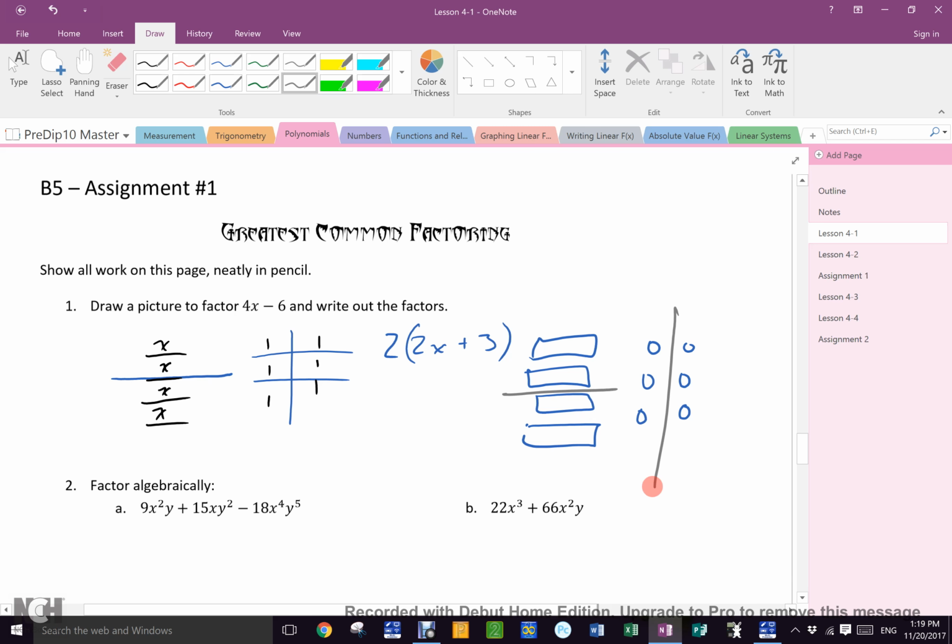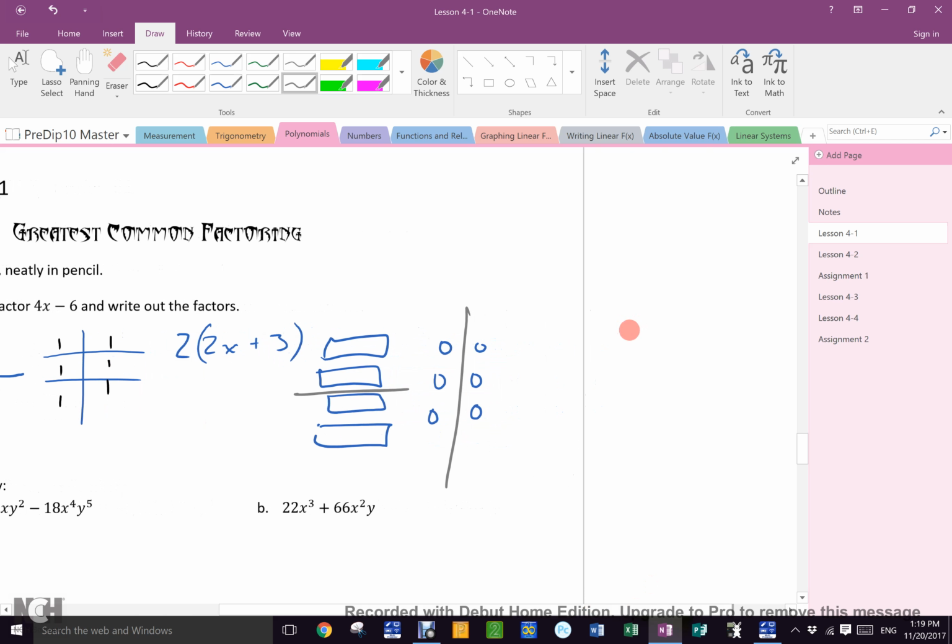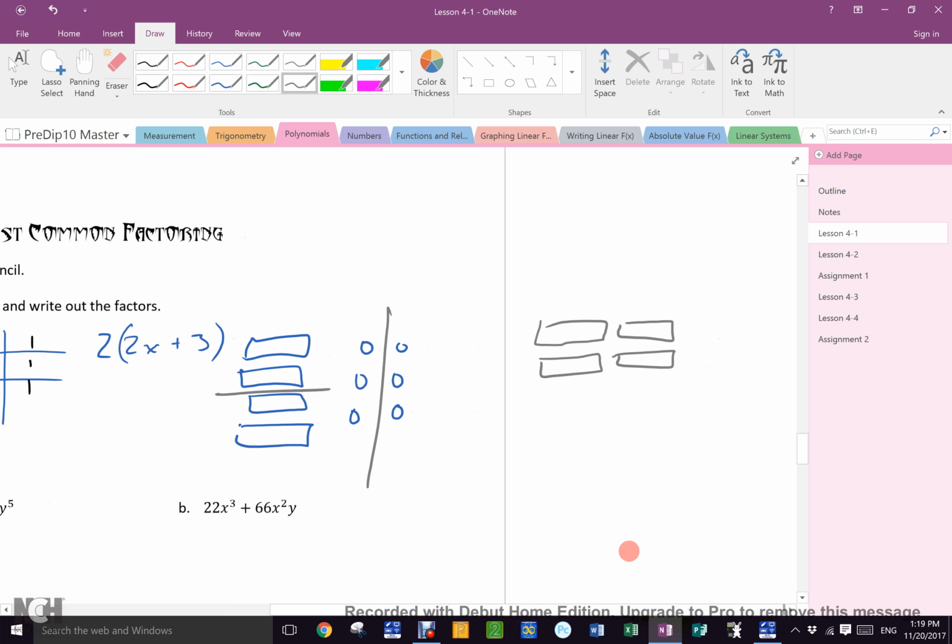A third alternative, you could have gone one further and drawn out a nice little rectangle and noticed that one side of the rectangle had 2 X's and 1, 2, 3, 2x plus 3, and that side had 2, 2, 2, 2x plus 3, 2x plus 3.